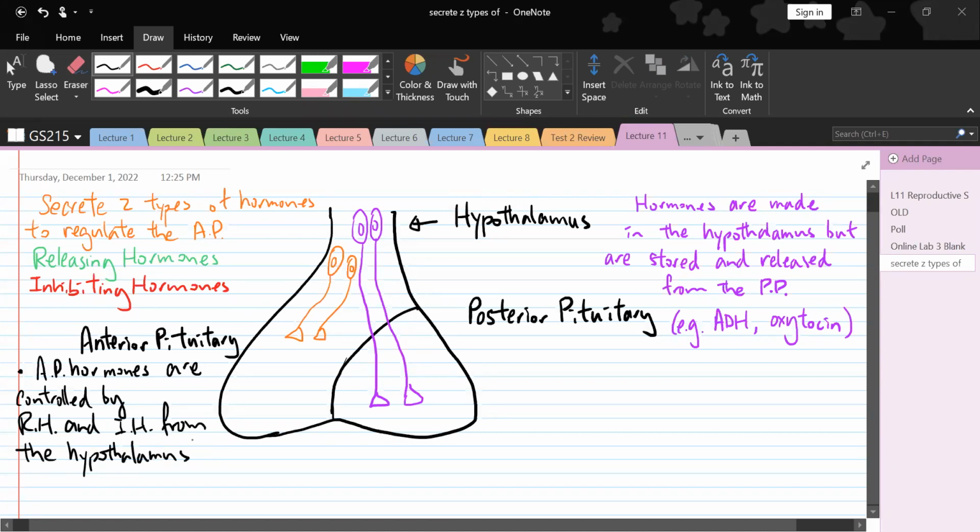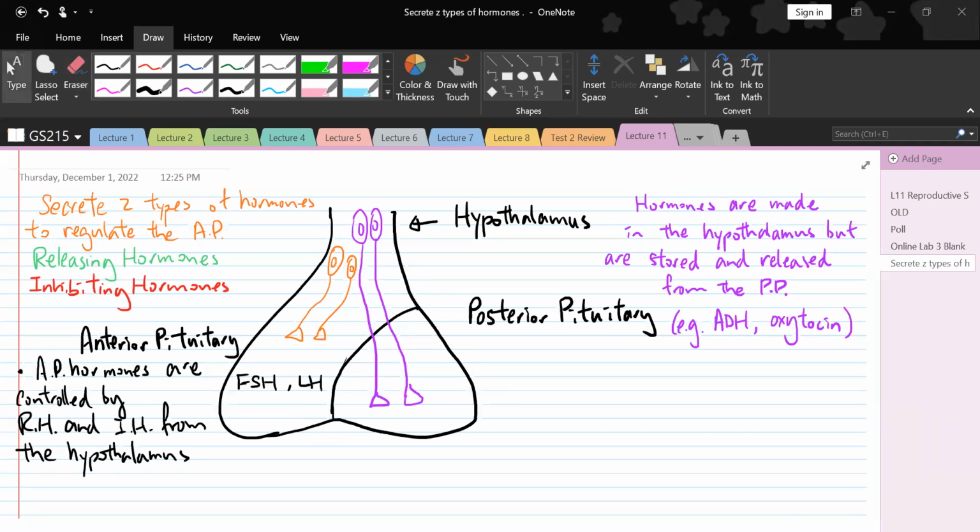In the context of what we are talking about for the reproductive system, there are two hormones involved: FSH and LH. FSH stands for follicle stimulating hormone, and LH stands for luteinizing hormone.